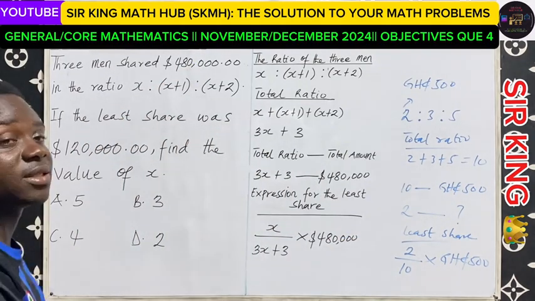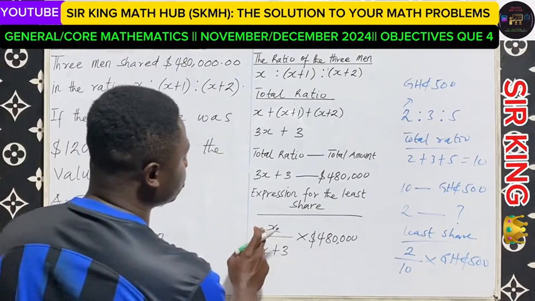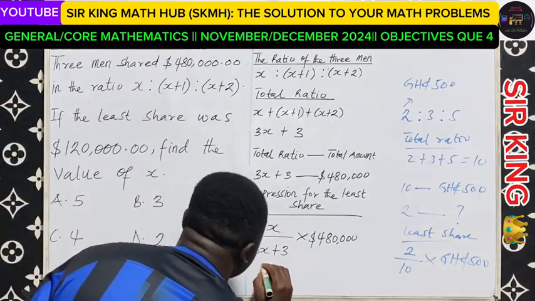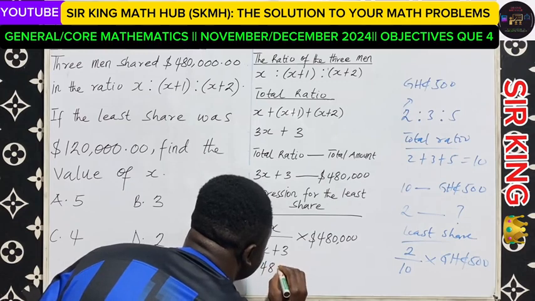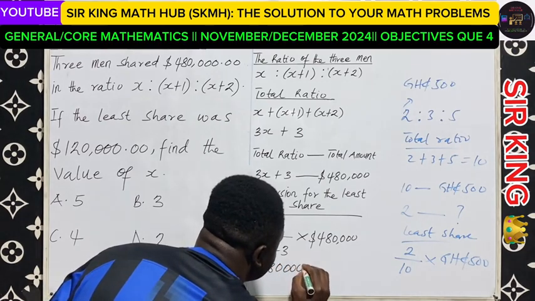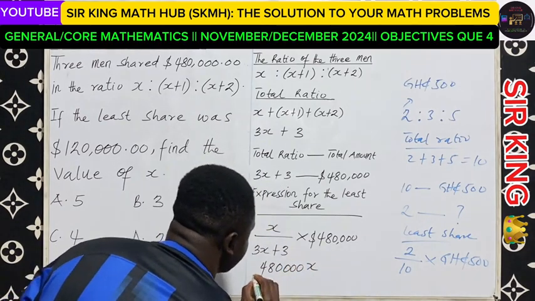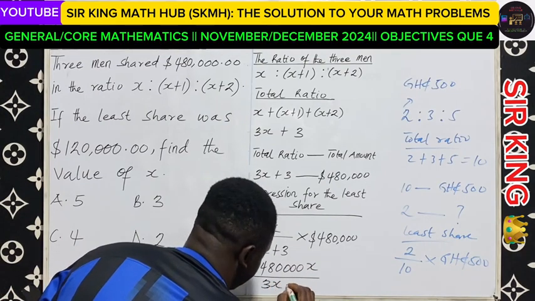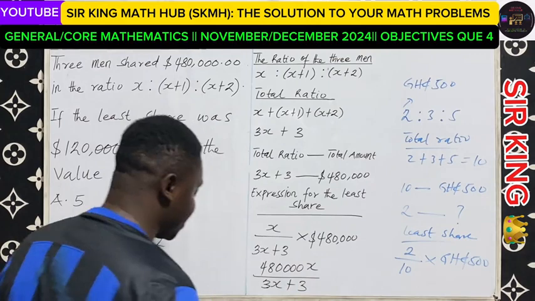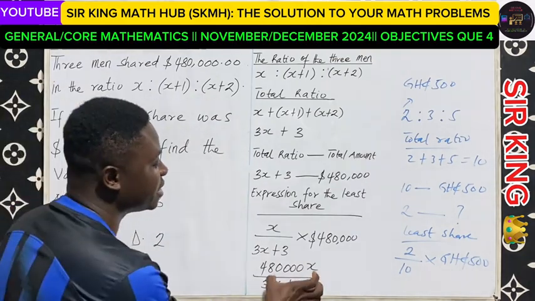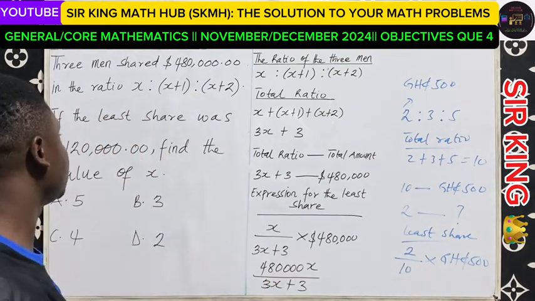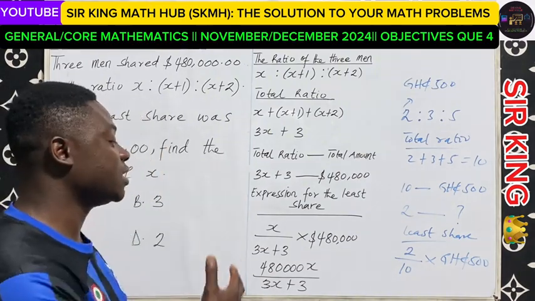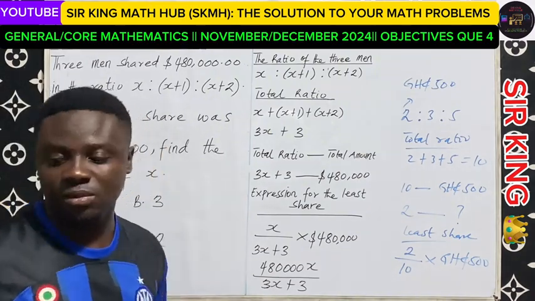Can we simplify this? Yes. We are multiplying, so the numerator will multiply 480,000. So we have 480,000x divided by 3x plus 3. This expression will give us the least share.